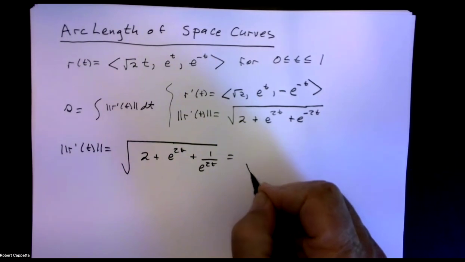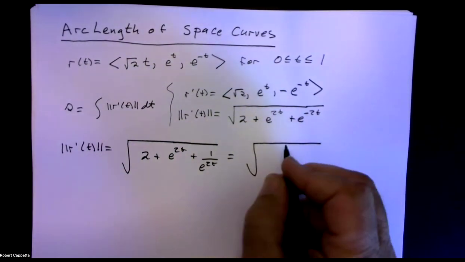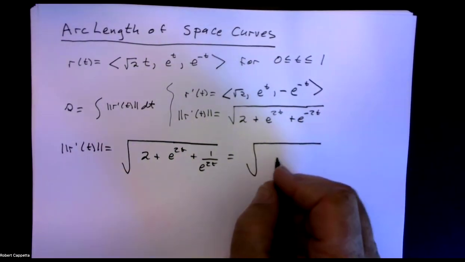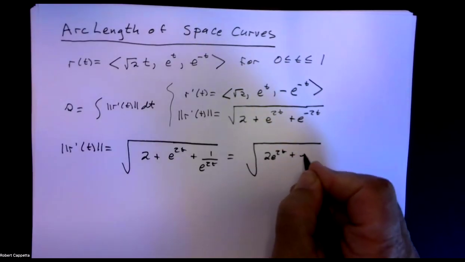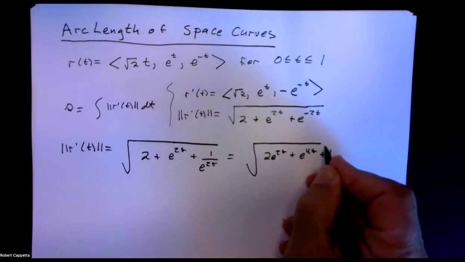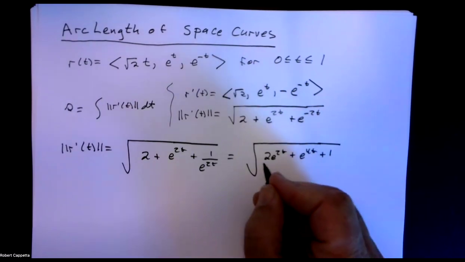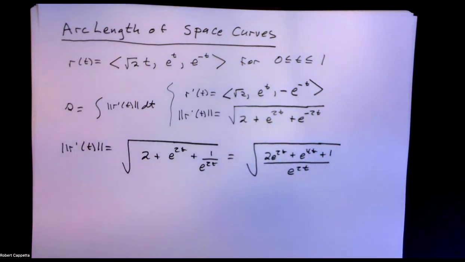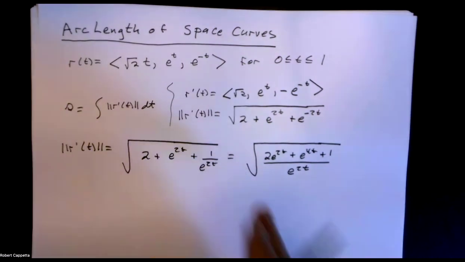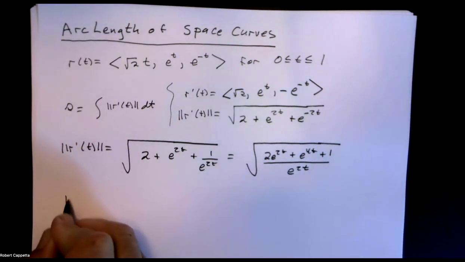Which will be, if we get a common denominator, 2e^(2t) plus e^(4t) plus 1 all over e^(2t). You'll notice this problem has been well designed so that this simplifies nicely.